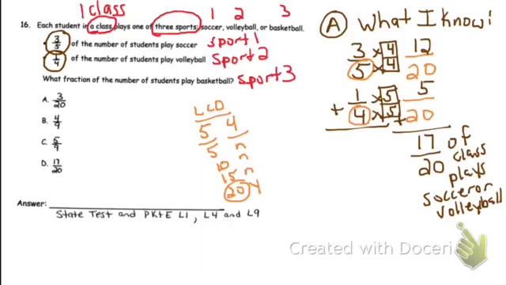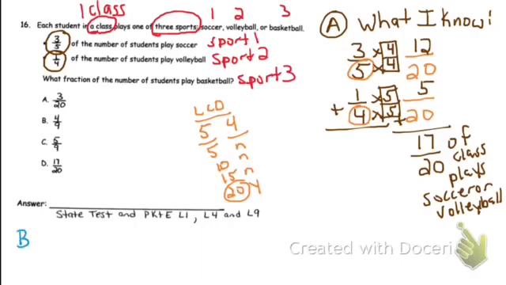Well, if I take the total, which is one whole class, and I subtract the number of kids I know, which is the number of kids that play soccer or volleyball, what I will have left is how many kids play basketball.